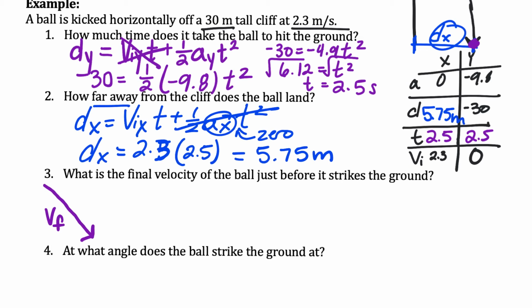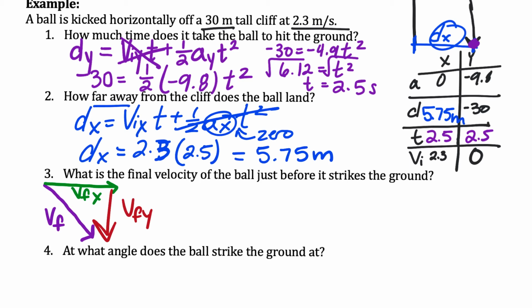But to find that, we're actually going to do vectors. So you have your final velocity in the x direction, and then you have your, let me switch colors here, your final velocity in the y direction, but we want the overall final velocity. So to find that, we need to find the finals for the x and the y, and then use Pythagorean theorem.